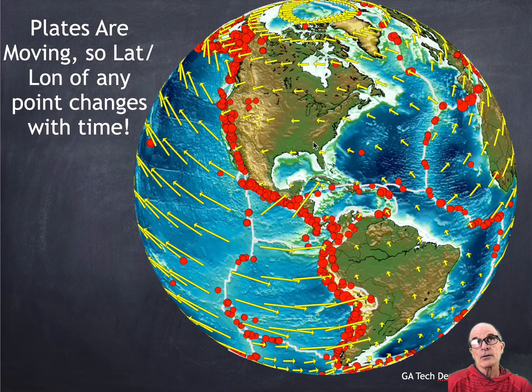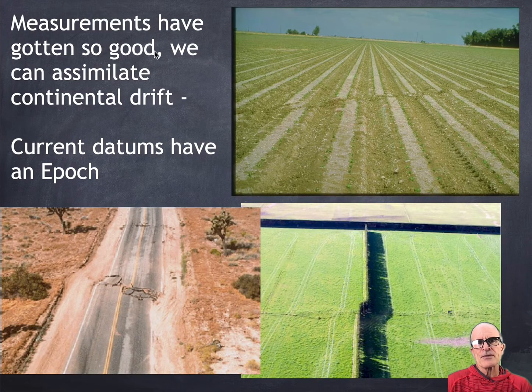And so really they started looking for new technologies between the 1980s and the mid-2000s. They developed technologies for measuring where things were effectively on the Earth. Right? The measurements have gotten so good we can assimilate continental drift into our coordinate systems. And so we have to basically timestamp our sets of measurements.